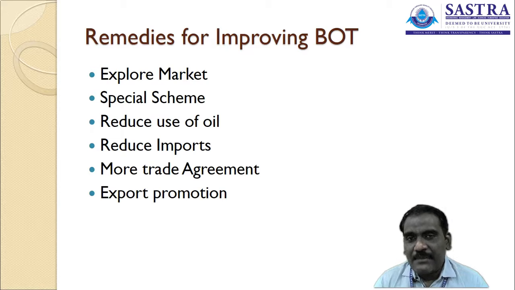And special schemes are to be announced for the purpose of exporting goods. For example, duties are to be levied or exempted for those who are involved in exporting goods. Excise duties and customs duties are going to be reduced.